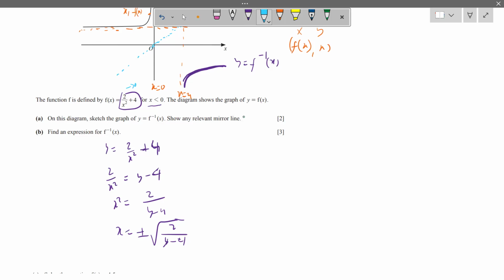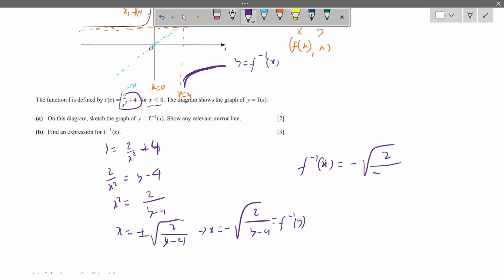So you have to pick x equals negative square root of 2 over y minus 4. Now, this here is f inverse y. So that means to get f inverse x, you simply change the variable here from y to x, and you get minus square root of 2 over x minus 4.